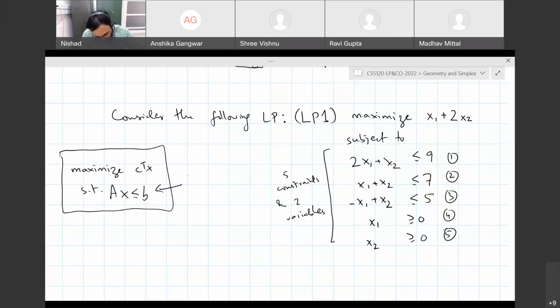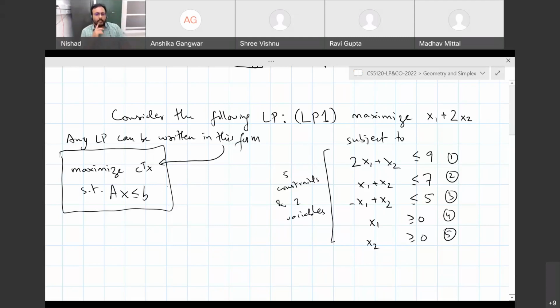So the point I want to make is any LP can be written in this form. Are there any questions or concerns?